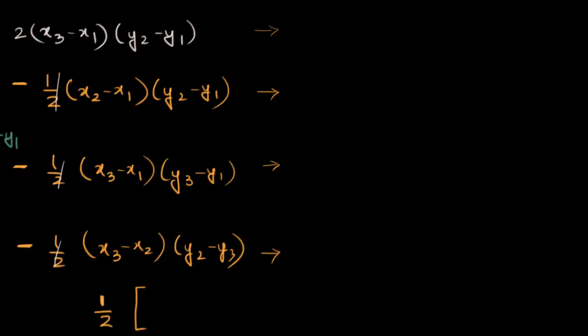So what is this going to be? The way I like to think about such things is, I get very confused when I do signs and this 2 and all that. So I'll first look at the terms, then I'll add the signs. So I'm going to have x3 y2, x3 y1, x1 y2, and x1 y1. I know these are going to be my 4 terms.